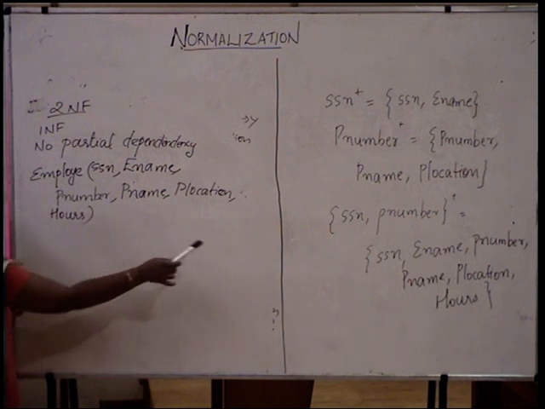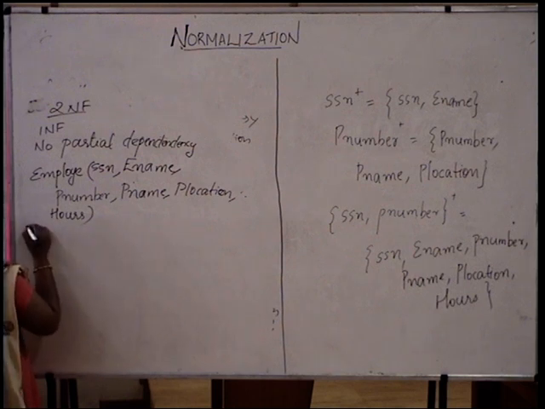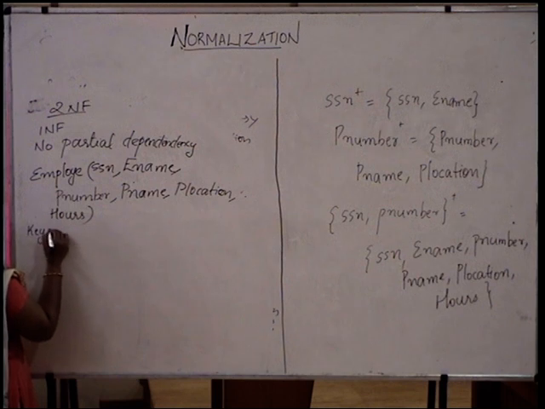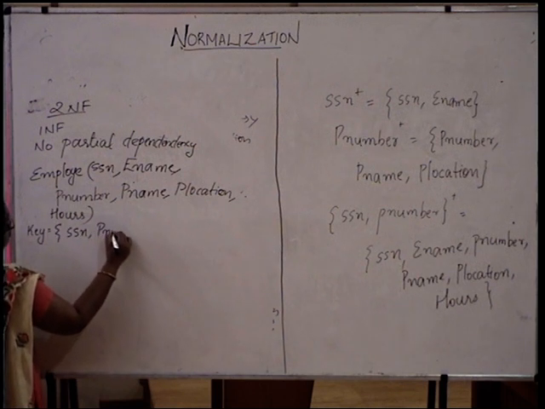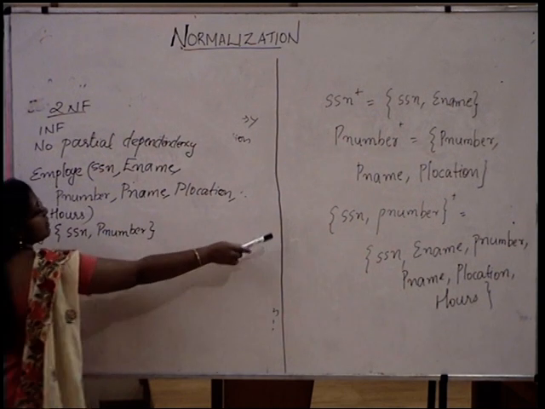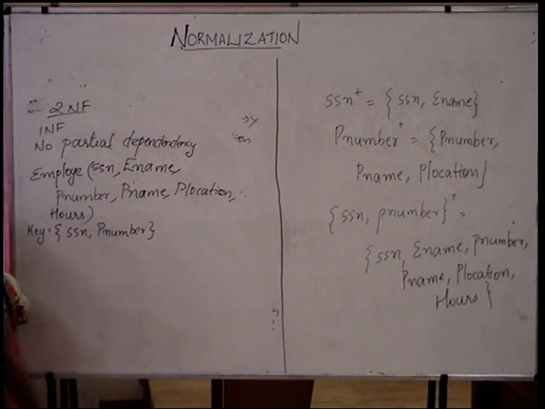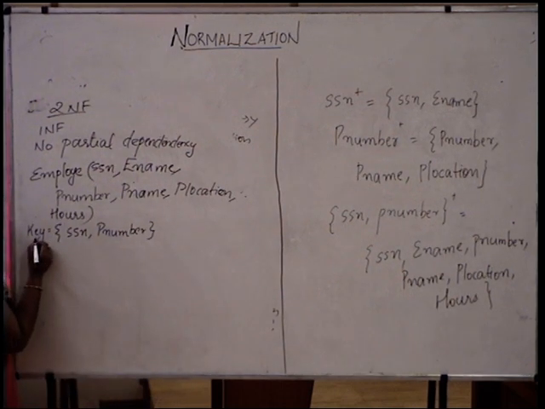So from the given closure example, the key attributes are SSN, P number, because from the SSN P number closure we will get all the attributes. So the key attributes are SSN and P number.